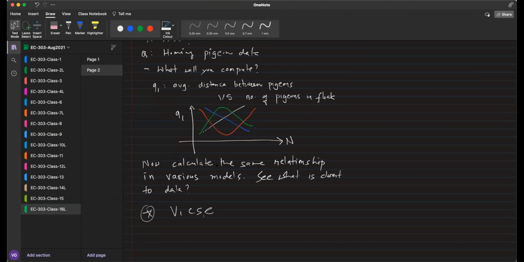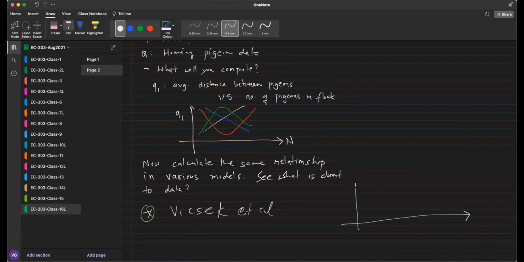Which is probably what happened in this field specifically: models first made predictions about various quantities. For example, Vicsek et al. make the following prediction.